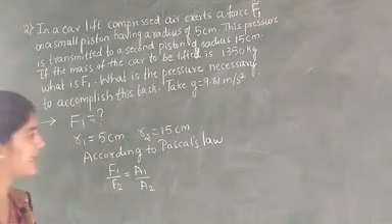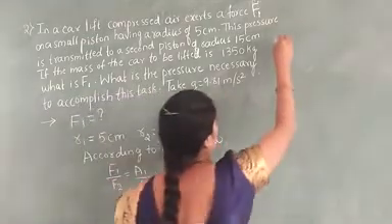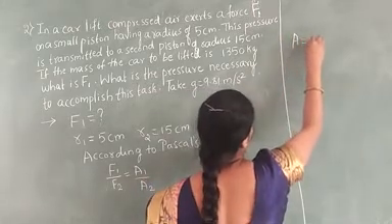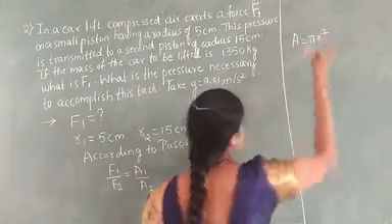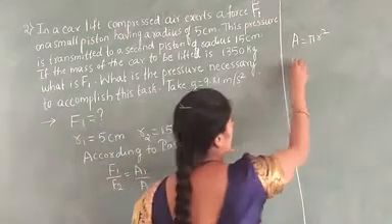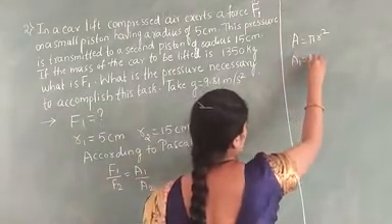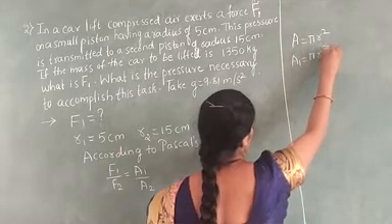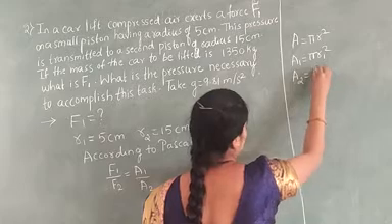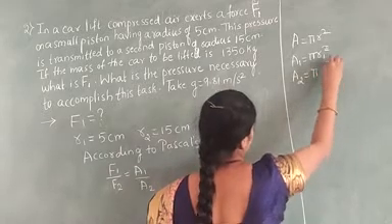Now we know that area is equal to pi r square. In the case of A1 and A2, we are considering A1 is equal to pi r1 square, and A2 is equal to pi r2 square.